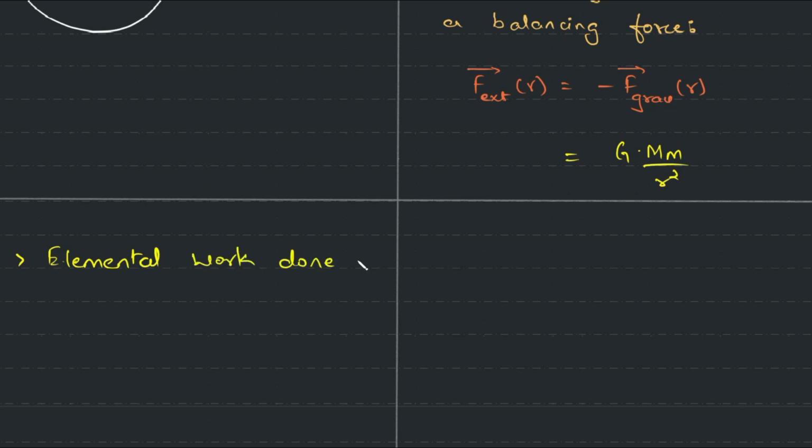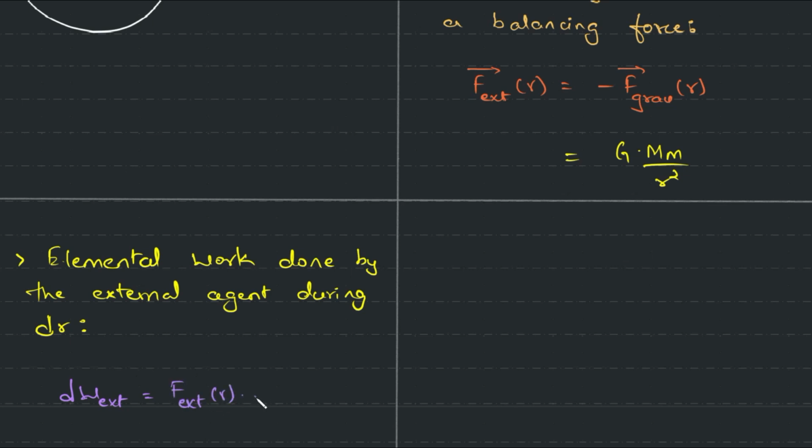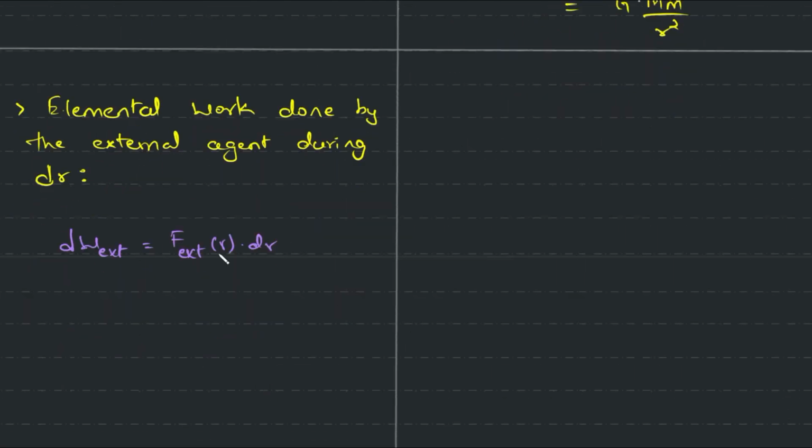Let's see what is the elemental work by the external agent during dr. So the external agent has moved the object by a distance of dr. So this would be F ext times dr. So if I substitute this expression, I end up with G M m by r square dr.